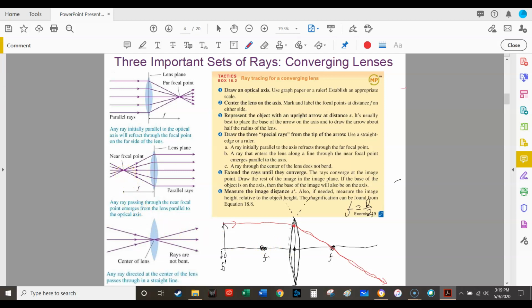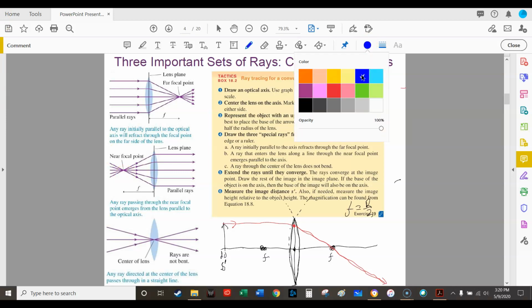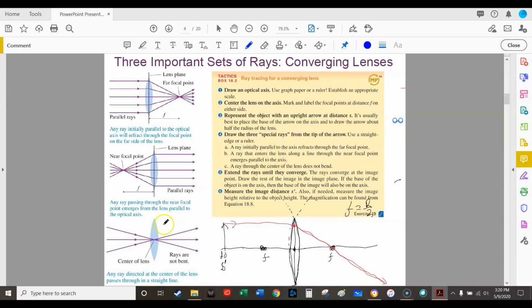We draw a light ray that goes down through the focal point, and when it finally hits the lens, and I'm using blue for that focal point ray, which is this one right here, it goes from the top of the object down through the focal point, and then goes parallel to the optical axis. You can see that they're converging right here, where the two light rays interact.